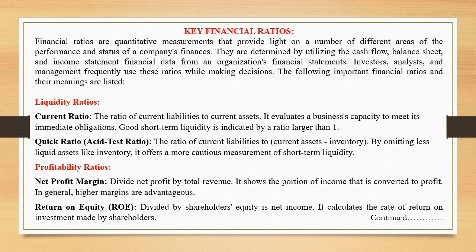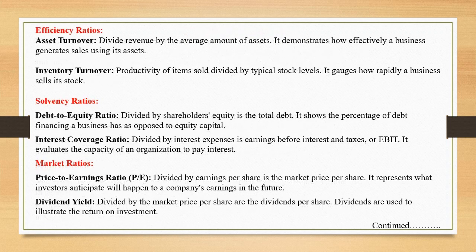Efficiency ratios. Asset turnover: divide revenue by the average amount of assets. It demonstrates how effectively a business generates sales using its assets. Inventory turnover: cost of goods sold divided by typical stock levels. It gauges how rapidly a business sells its stock. Solvency ratios.